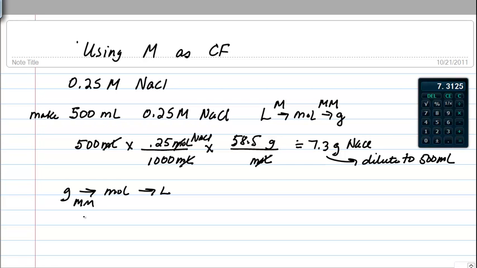We'll have a division by molar mass and then another division by molarity to get us where we want to go. So if I want to deliver 2 grams of NaCl, and I know that there are 58.5 grams in a mole, and I don't want my mole there, I want my mole up here.